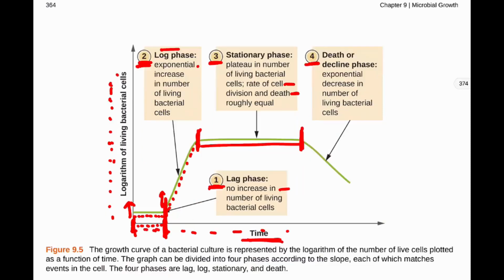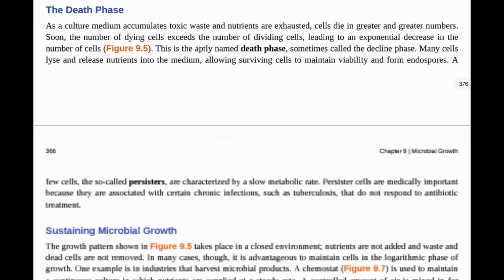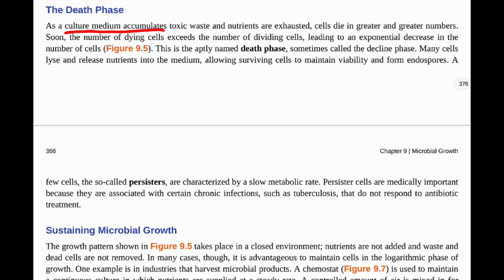So our death phase, as it is called, is when our culture medium is going to be accumulating toxic waste and nutrients are going to be exhausted. So we've gone through a stationary phase where everything's slowed down, they're still using nutrients in order to survive, and then we get to a point where all the nutrients are used up and there are so many waste products that the cells are now dying.